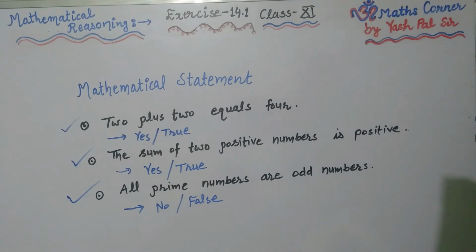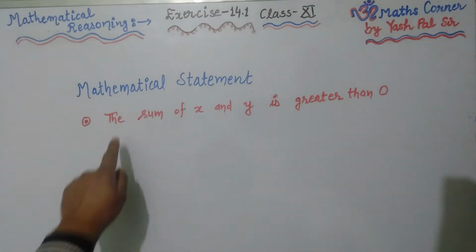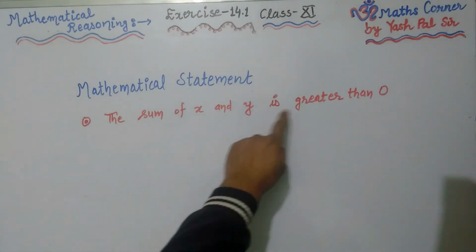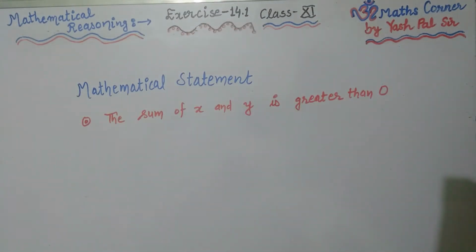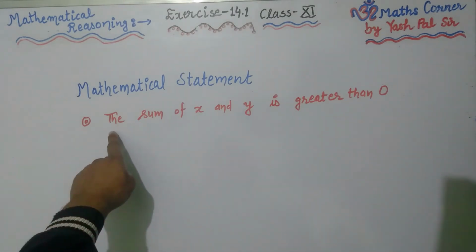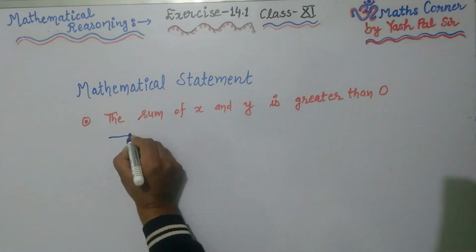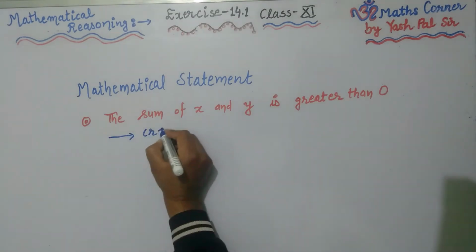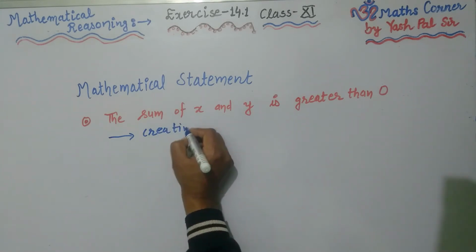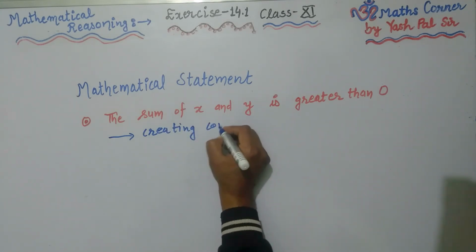Now we consider a few more sentences. The sum of x and y is greater than 0. Again, this sentence we cannot reply to immediately with yes or no, because this is creating confusion.